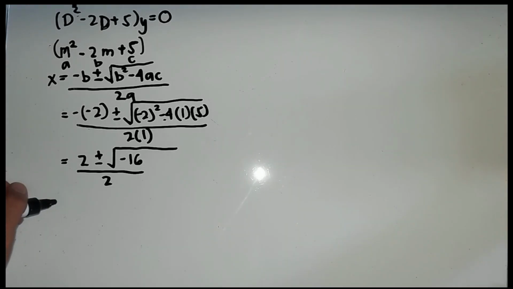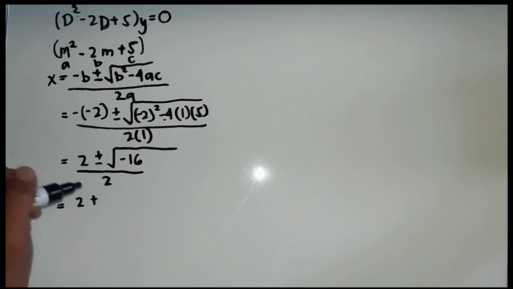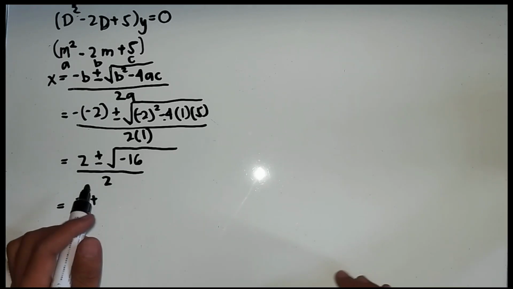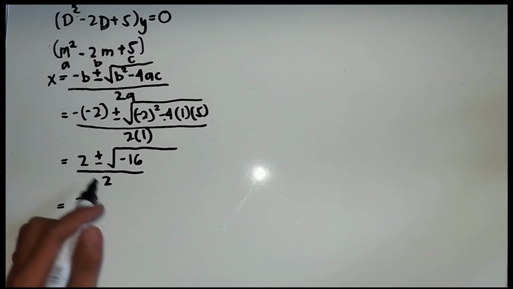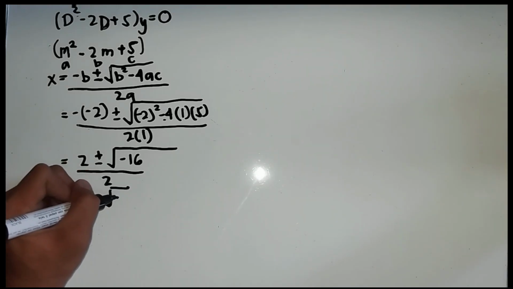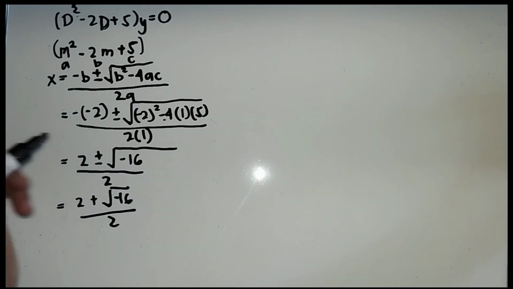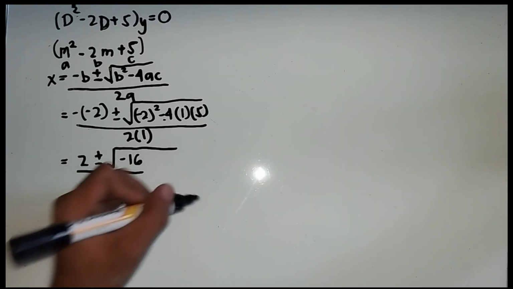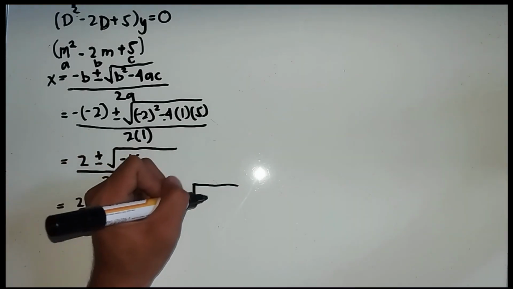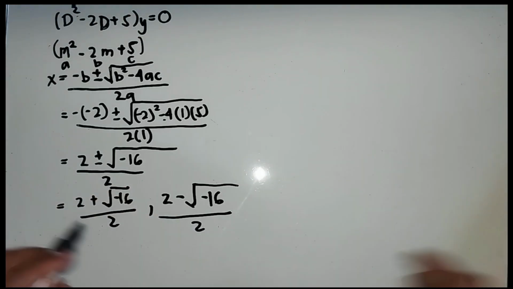We're going to write 2 plus the square root of negative 16 over 2, and then the other one is 2 minus the square root of negative 16 over 2.